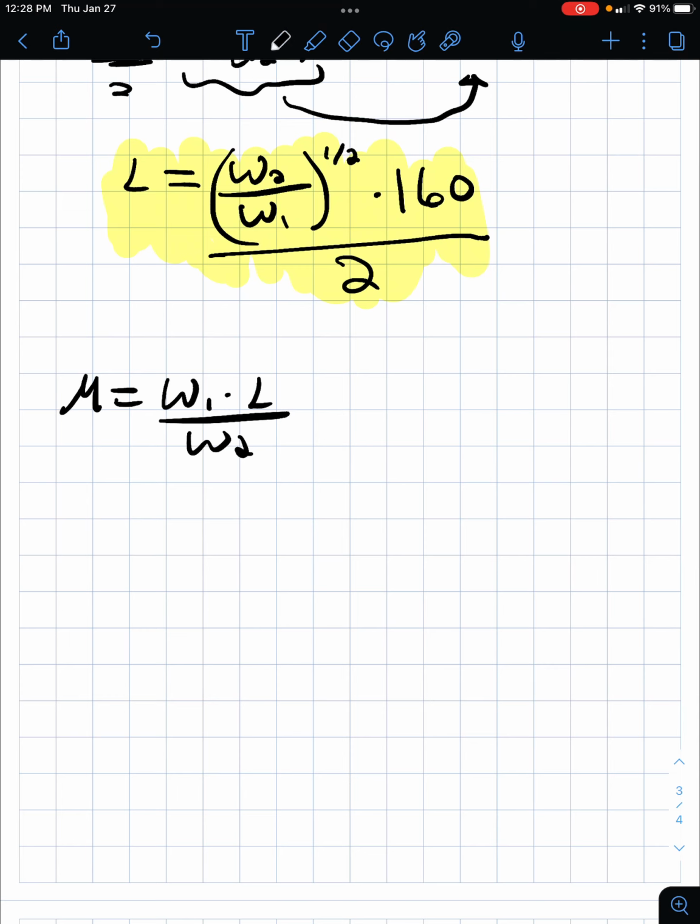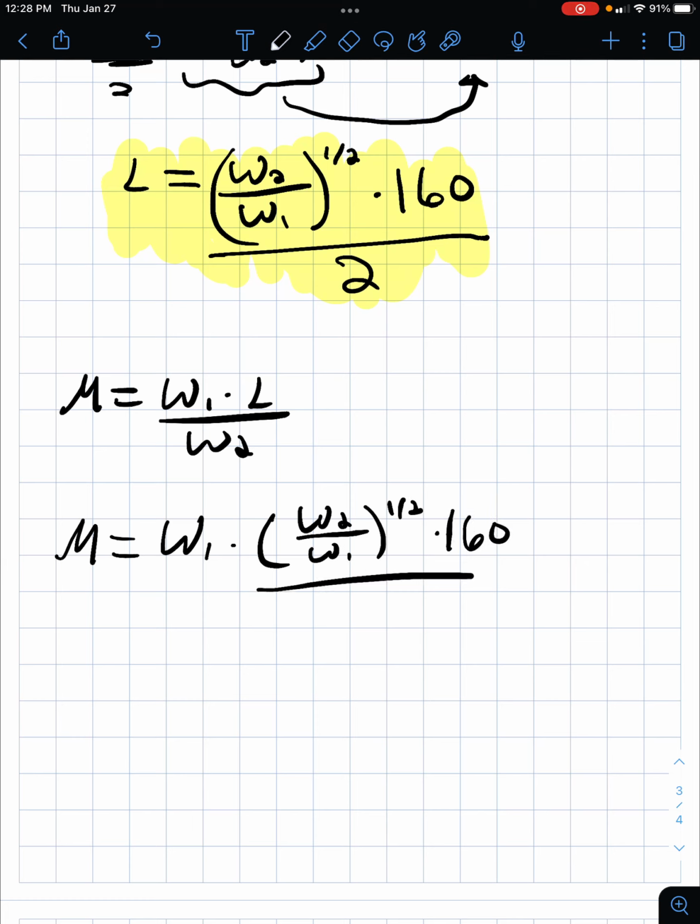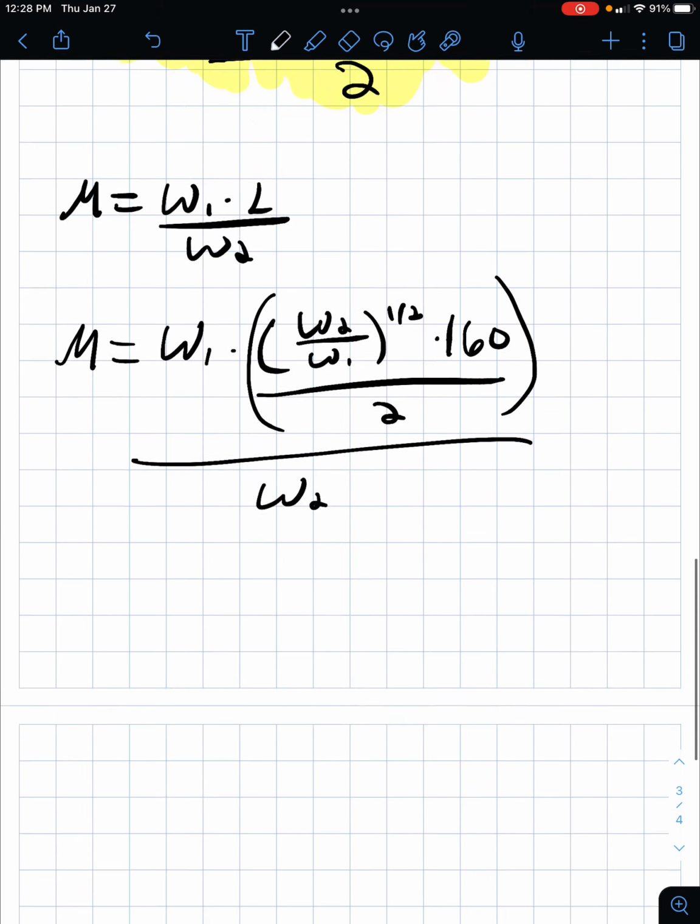And then now we can just plug in, so M is going to be equal to W1 times L, which is (W2 over W1) to the 1/2 times 160 over 2, divided by W2. How do we solve this?